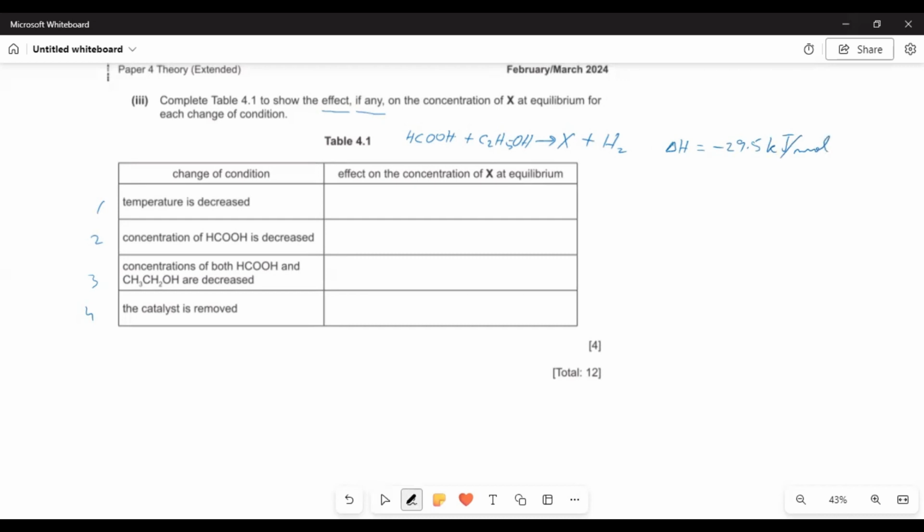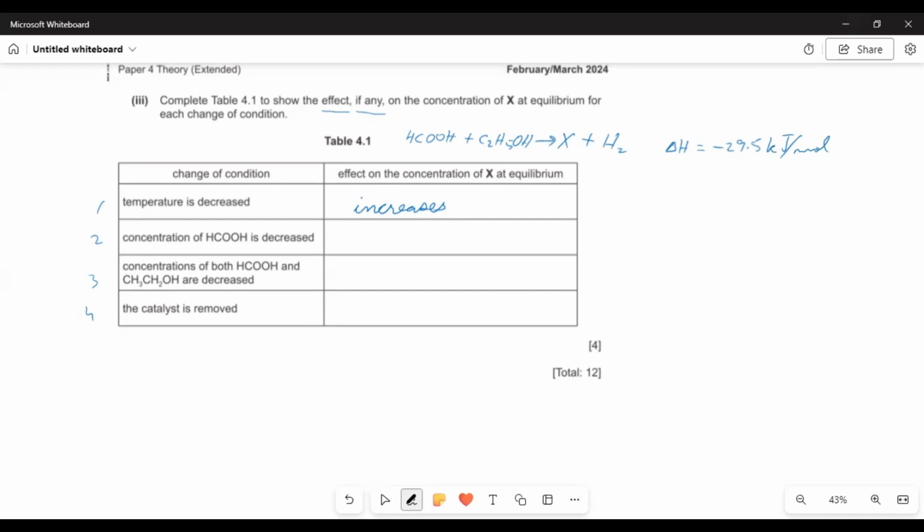What is the effect when temperature is decreased? You know that this is an exothermic reaction. So the decrease in temperature favors the forward reaction, and more X will be formed. So the concentration of X will increase because it is an exothermic reaction.